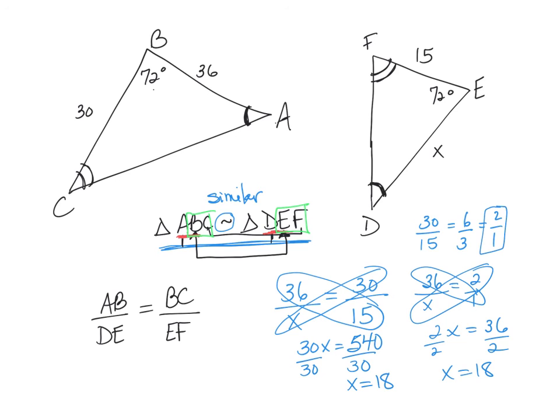So either way, you get the same answer. The difference is going to be whether you have a calculator or not. If you don't have a calculator, you're definitely going to want to reduce that ratio to the smallest number possible.